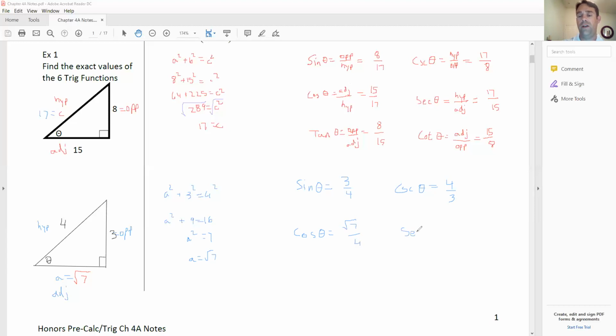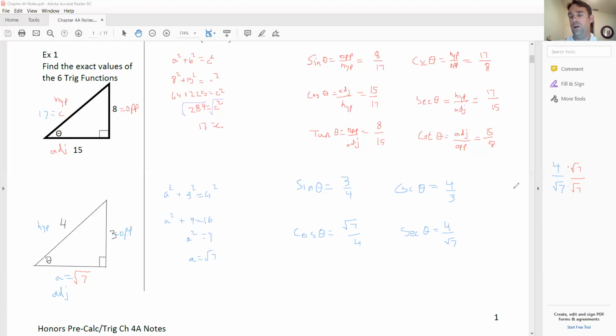So secant of theta. Now notice, I end up with my radical in the denominator. That's okay. It really is, friends. I know that back in algebra 2, you're asked to simplify your radical, and so you did that by multiplying the top and the bottom by root 7 over root 7.